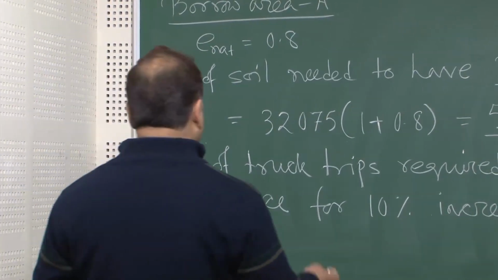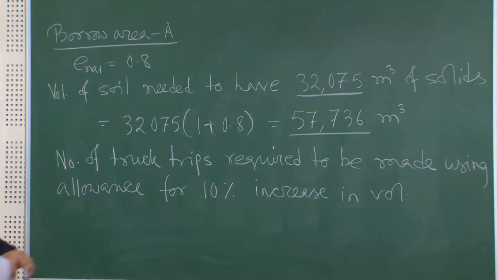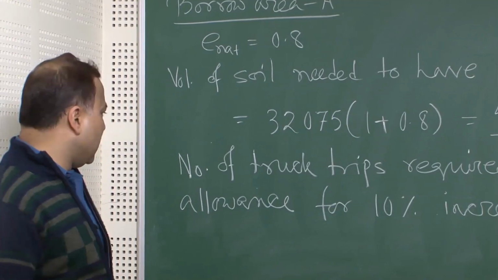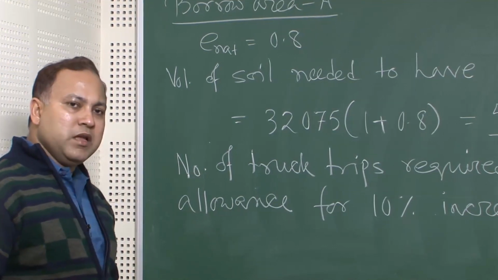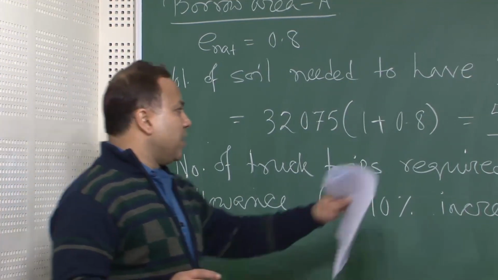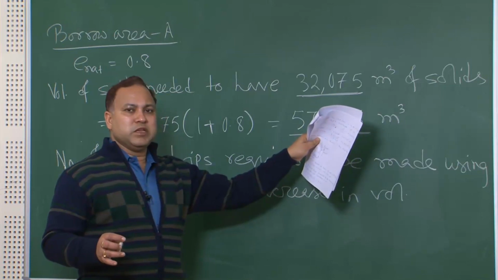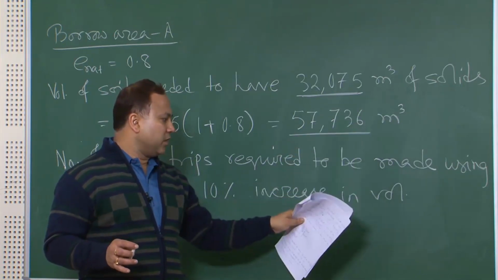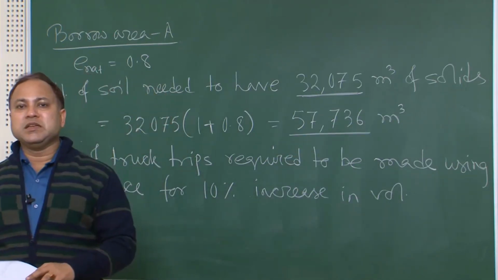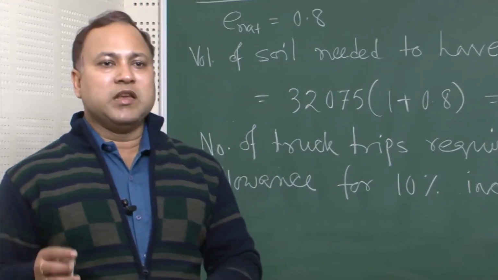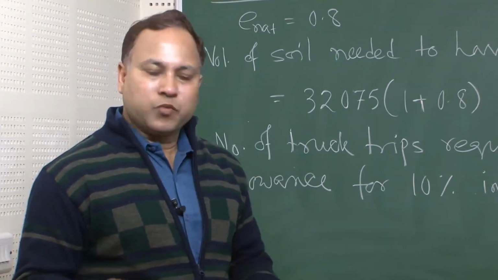Now, when we are calculating the number of truck trips required to be made using the allowance for 10% increase in volume, that means this is the total volume which needs to be transported by the truck, plus some 10% increase in volume must be incorporated as given in the problem.